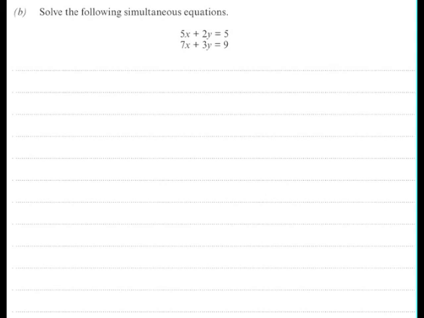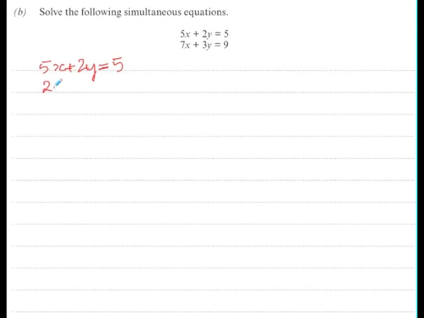So now this is the second way of doing it. As I say, some of you may prefer to do this. So let's take the first equation, 5x plus 2y equals 5. And let's express this in terms of y.